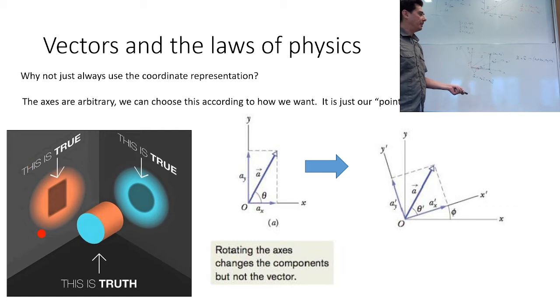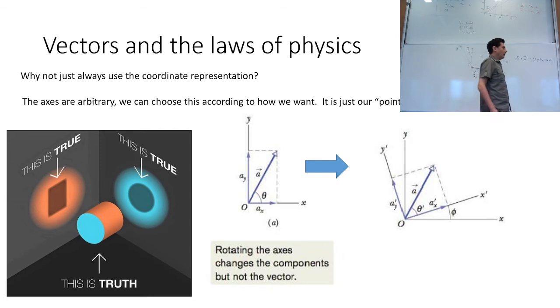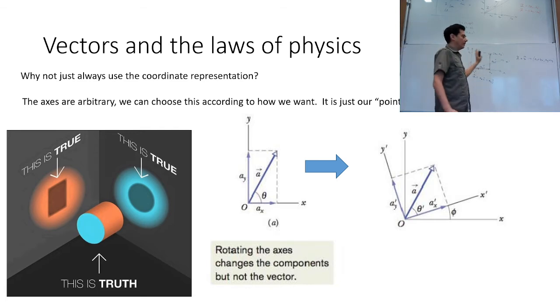This person would think that it's square, and this person would think it's circular, but in fact it's some cylindrical shape like this. So that's why we view the vectors as being the real object, and the coordinates as being somewhat arbitrary.